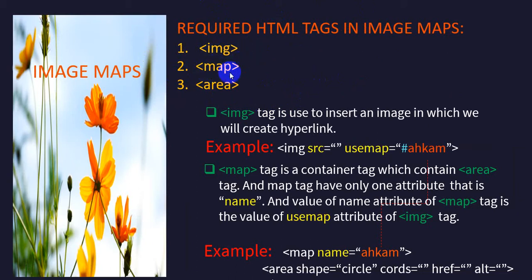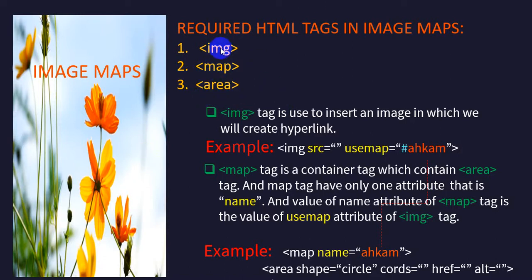Then we require the map tag to create a map. As we know, the map tag is a container tag which contains the area tag. Inside that area tag we will take different coordinates.